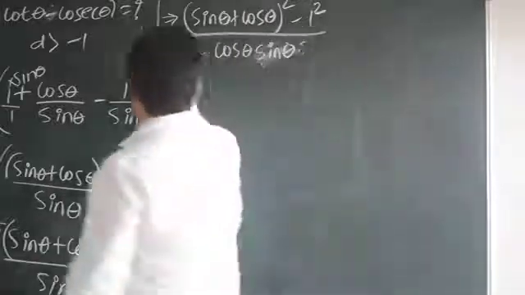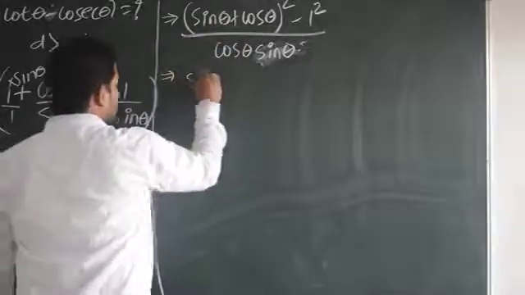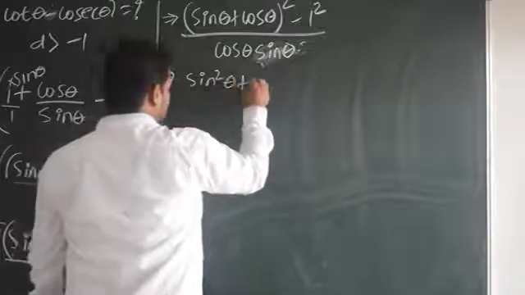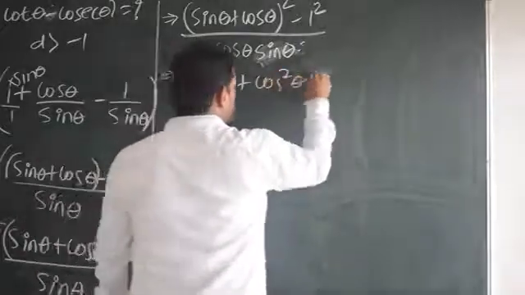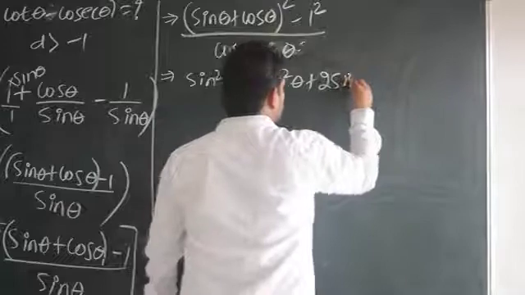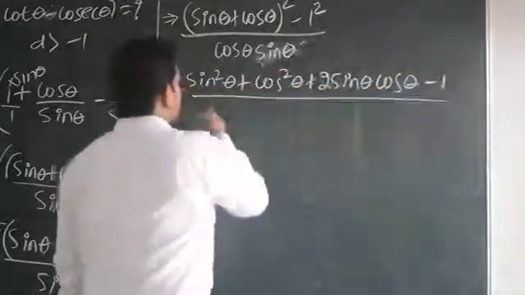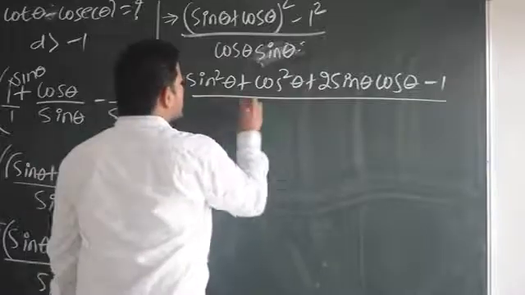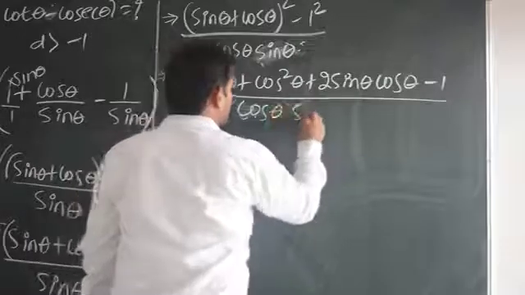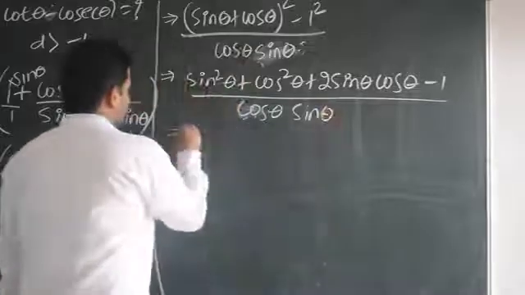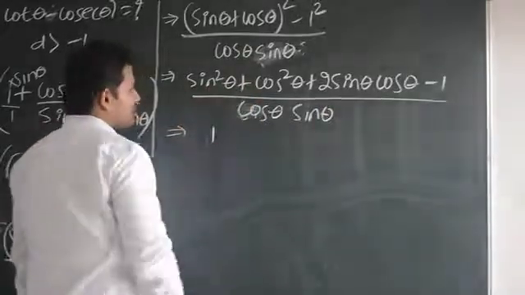Now let us expand this. A plus B whole square becomes sin square theta plus cos square theta plus 2 sin theta cos theta. Then minus 1, divided by cos theta into sin theta. Next, sin square theta plus cos square theta is 1.